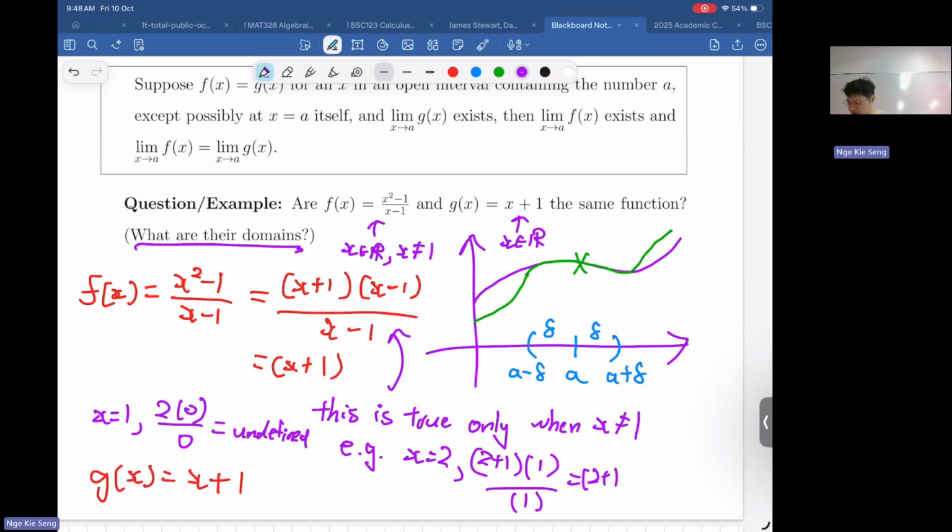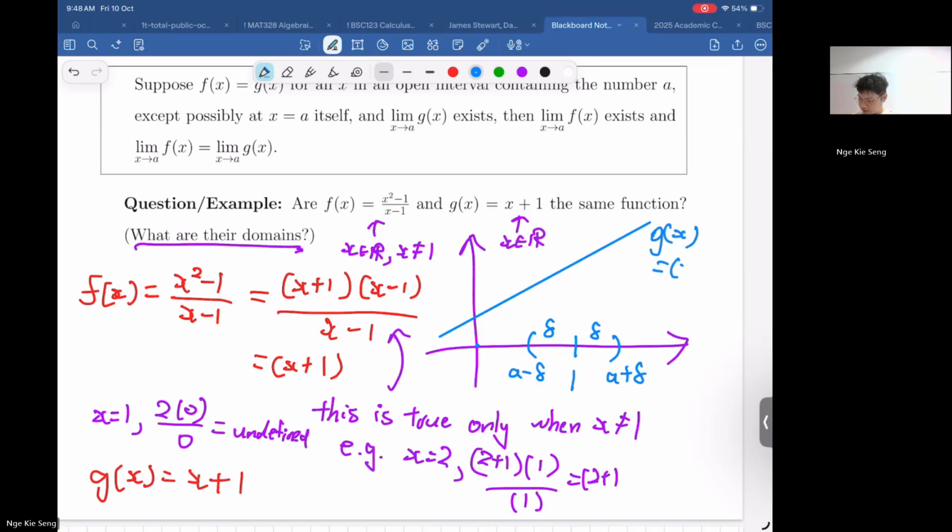Let's change this picture a bit. Let's say this a is already 1 here. One of the functions is like this, x plus 1, g(x). But how does f(x) look? It is the same away from 1, just that at 1 it is undefined.